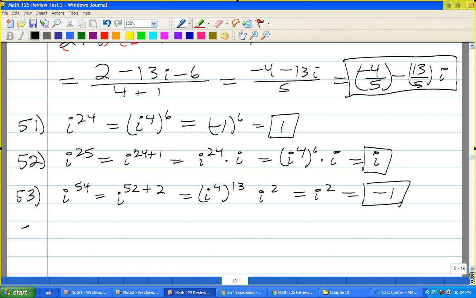Okay, so let's do 54. i to the 35. Well, let's write this as i to the 32 plus 3. i to the 32, well, that's the same as i to the fourth to the eighth. 32 divided by 4 is 8.